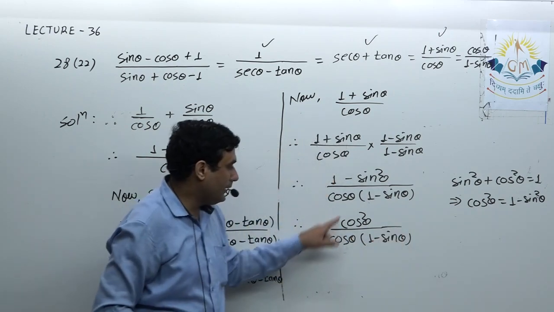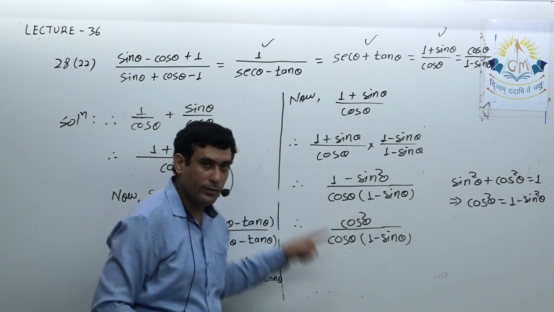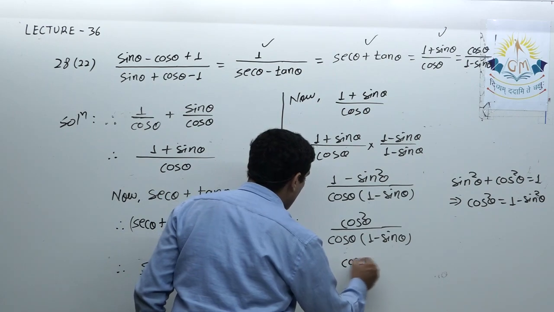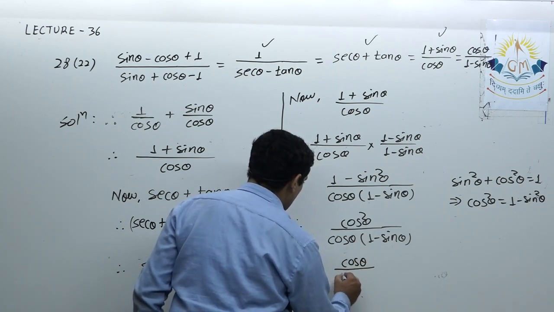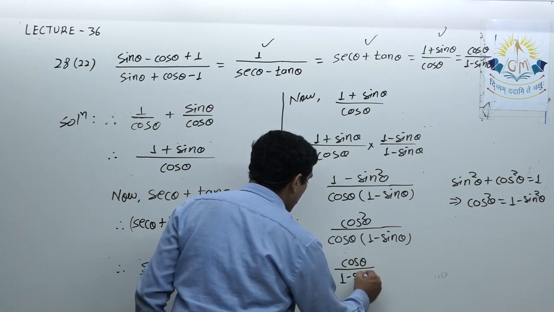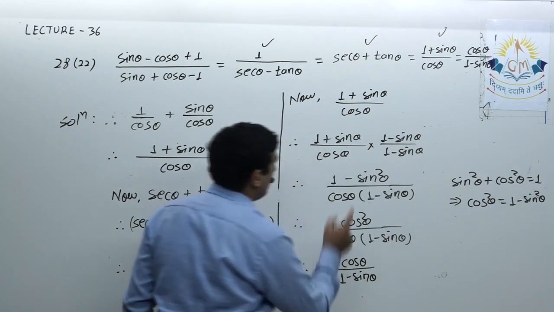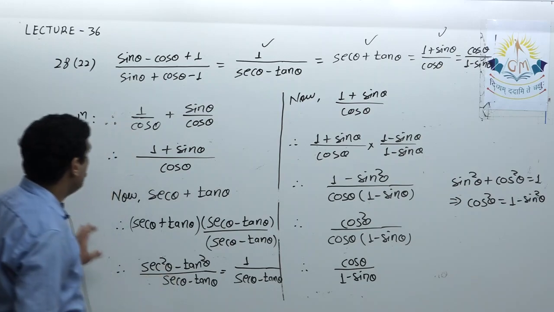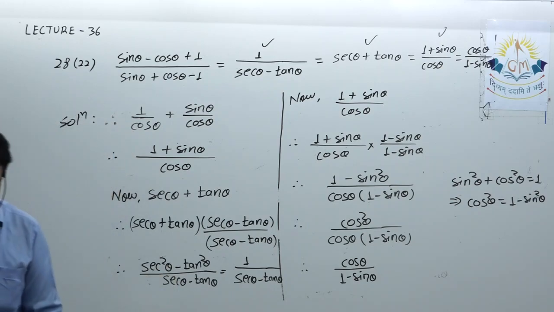Now here cos theta, here it is cos square theta, so one cos theta will cancel out from the numerator and denominator. So the numerator has cos theta and the denominator is left with only 1 minus sin theta. So this is the last part. Okay, so note it down, then we come to the next question.